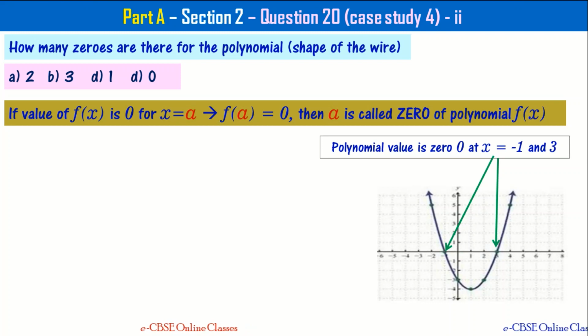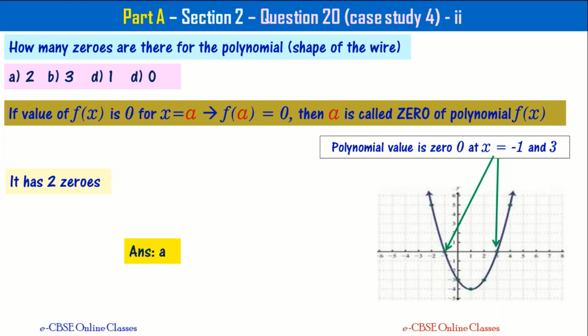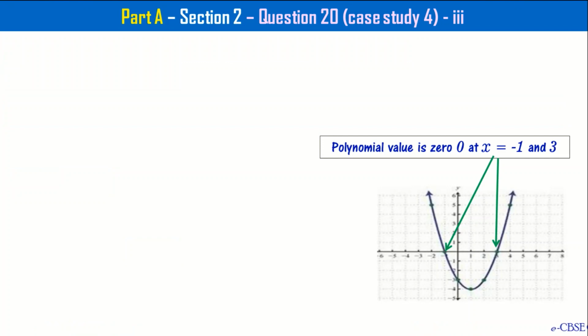If that is the case, x equal to minus 1 and x equal to 3 are the zeros of the given polynomial. It means it has got two zeros. So answer is A.